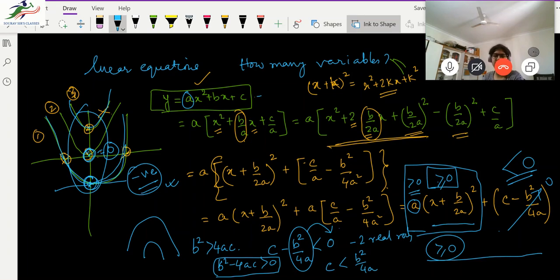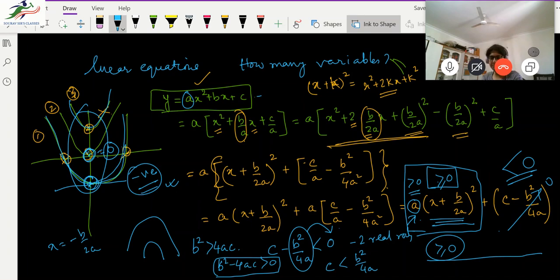So if it is 0, then x is equal to minus b by 2a, because a is greater than 0, that we have considered. A cannot be 0, right? If a is 0, then the equation doesn't exist, right? So a is greater than 0. So this term has to be equal to 0.